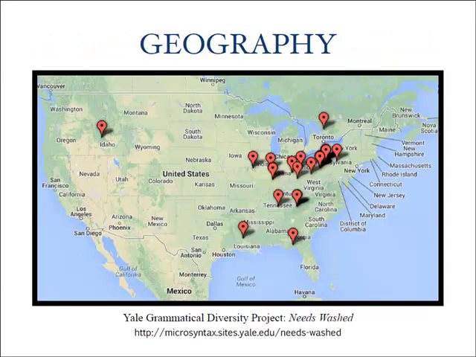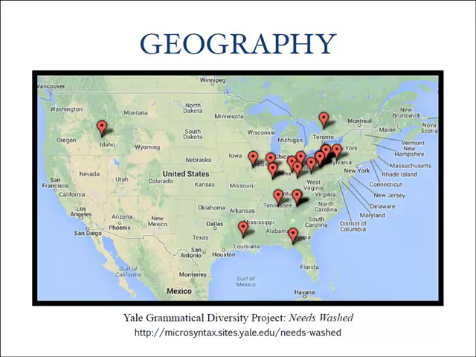Now, in terms of the geographic distribution of this feature, it's especially known in American English to be a feature of what's called Pittsburghese. Right? So the language that people use in Pittsburgh, it has various features that are fairly unique to Pittsburgh. As you can see from this map, this is from the Yale Grammatical Diversity Project, and they surveyed people, and not all of the points are in Pittsburgh or even in Pennsylvania.